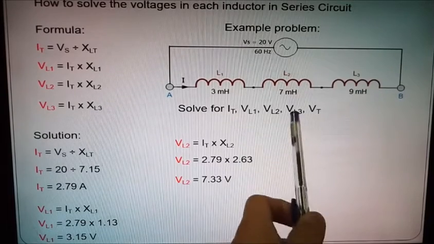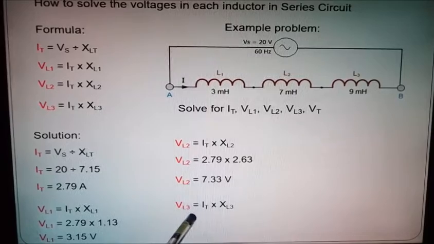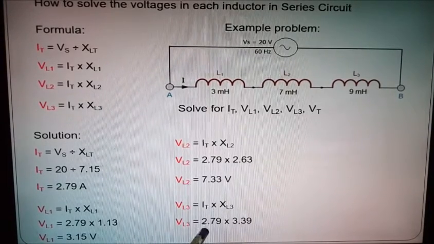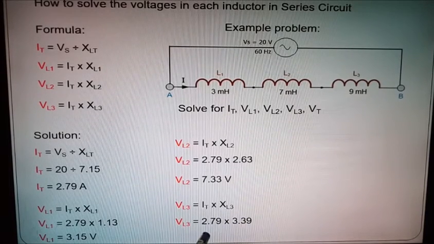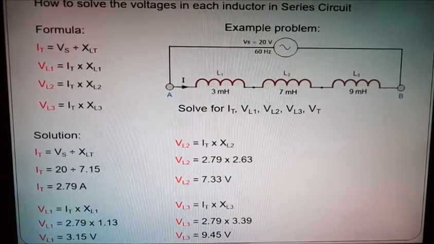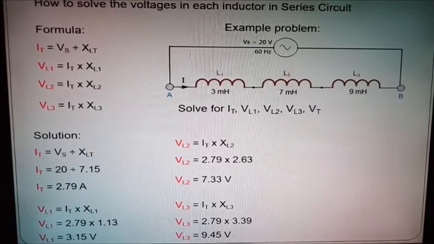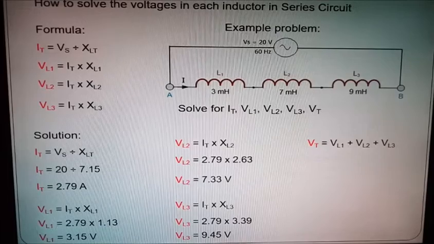Then next we are going to solve for the voltage of L3. This is the formula, IT times XL3. Your IT is 2.79 times 3.39, which is XL3. So your VL3 is equal to 9.45. Then we can solve now for the total voltage.